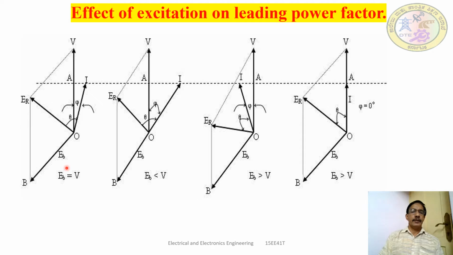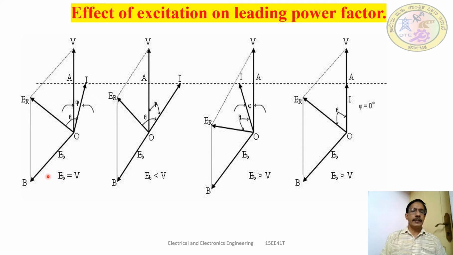When EB equal to V, power factor is lagging with a small angle. V is the supply voltage. This EB depends on the excitation. Excitation means DC supply connected to the rotor.